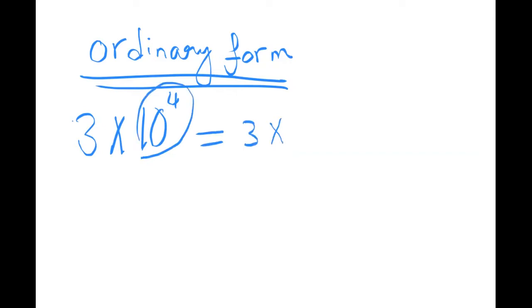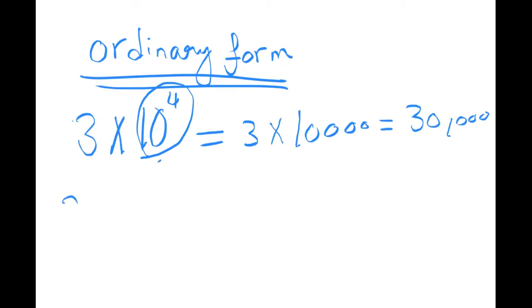If I have a number like 3 times 10 power of 4 and I ask you to write it in ordinary form, this means I have to remove the power and write the number as a normal number. So I will write 3 multiplied by 10 power of 4, which means 1 and 4 zeros. So my number is 30,000. If I ask you to write the number in ordinary form, this means I have to remove 10 power of something and write it as a normal number.